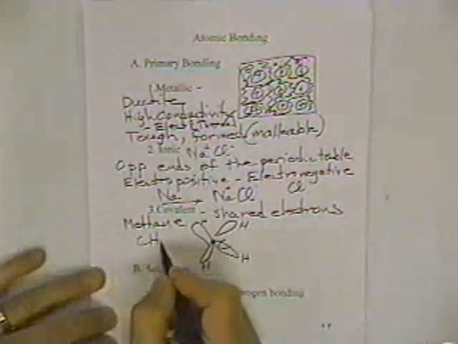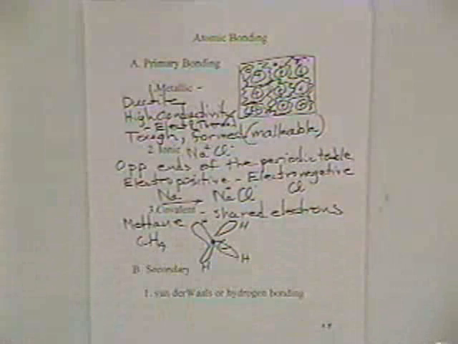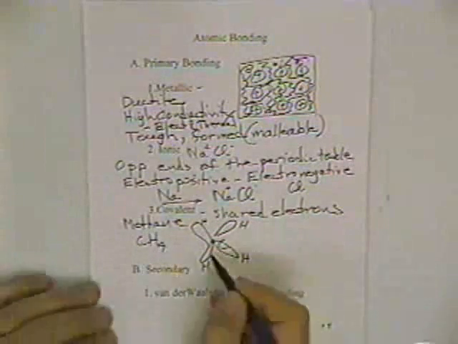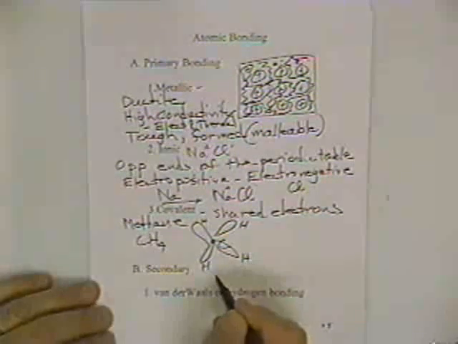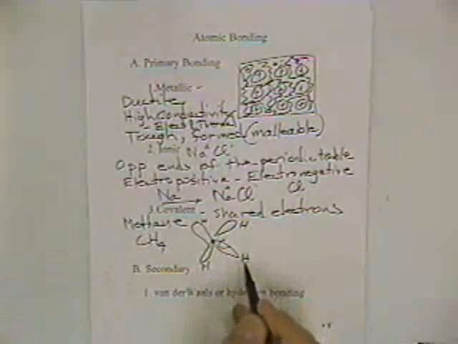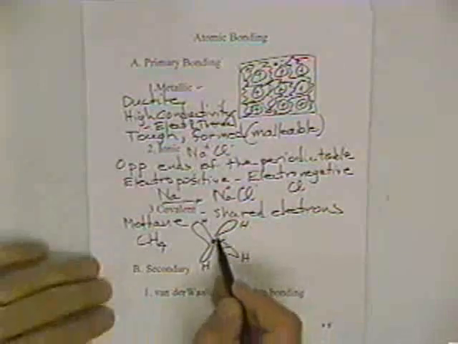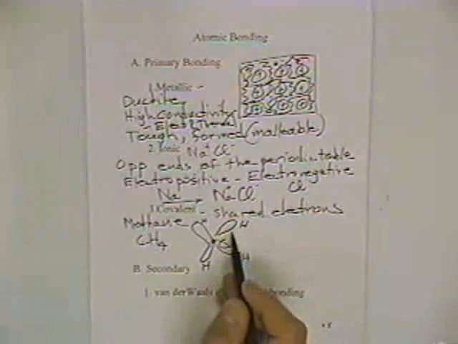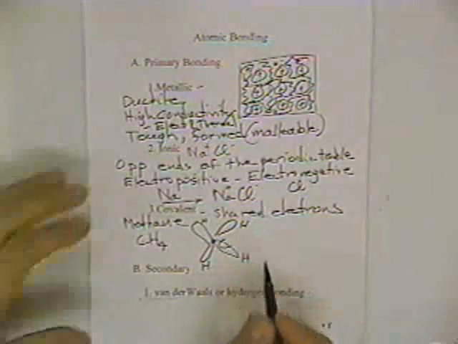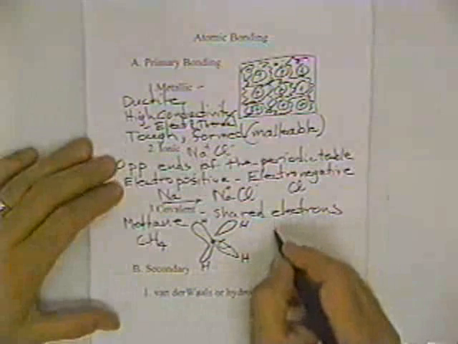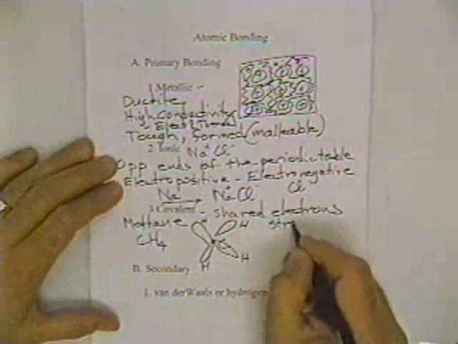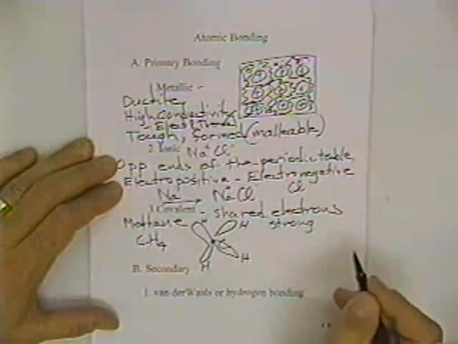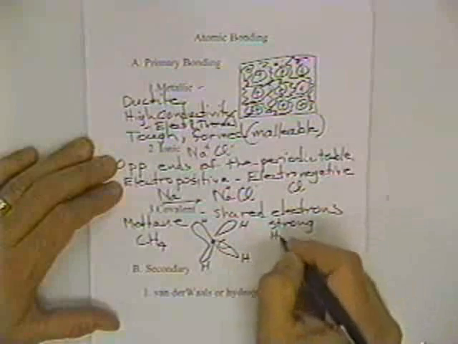So methane would be CH4. The electrons are shared between the carbon and hydrogen. So part of the time hydrogen has 2 and it's happy. Part of the time carbon has 8 electrons, fills the outer shell, and it's happy. These bonds are very strong. We would have very high melting point materials.